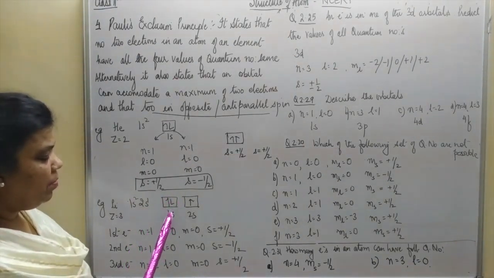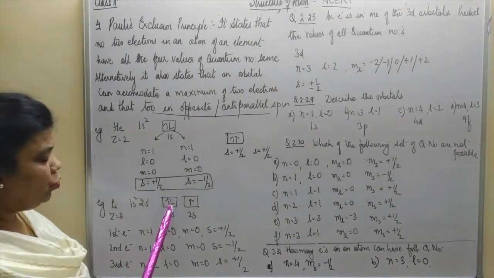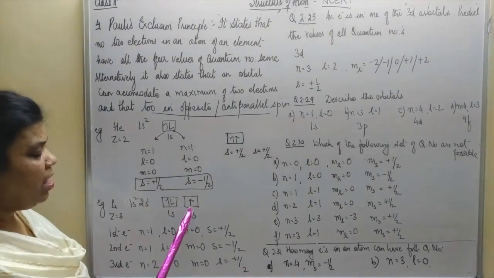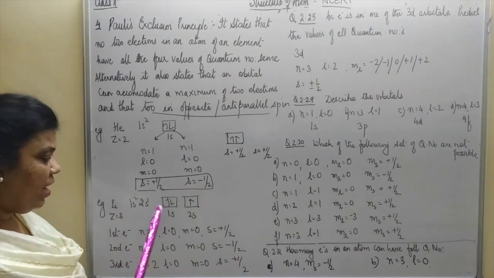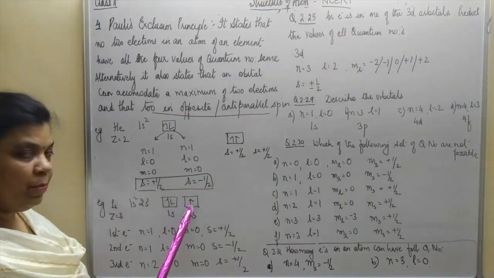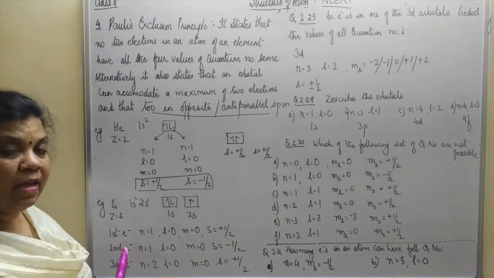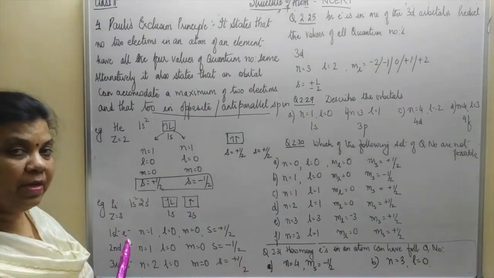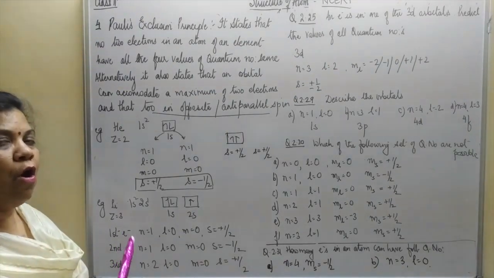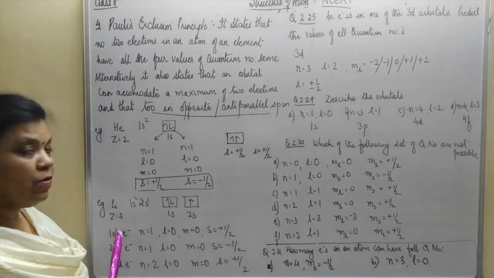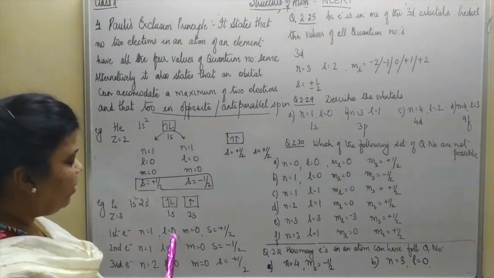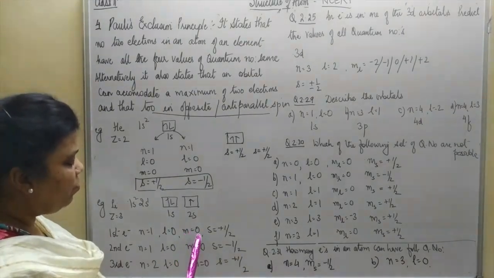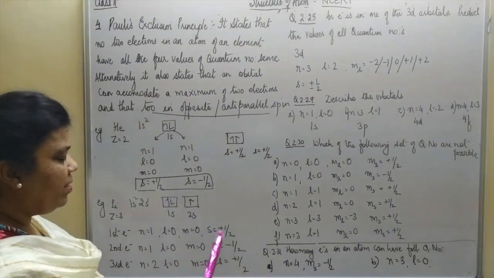If you draw the orbital diagram, 1s will contain 2 electrons in opposite spin and 2s will have 1 electron. So let this be the first electron, this one the second, and this one the third. For all these 3 electrons separately, let us predict the values of all 4 quantum numbers. For the first electron, n is 1, l is 0, m is also 0, and s is plus half.